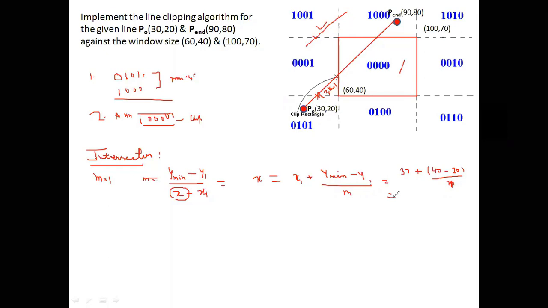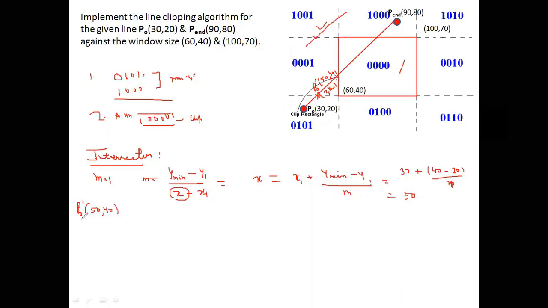So we have got the value of x as 50. 40 minus 20 is 20, and 30 plus 20 is 50. That is the value of x for p naught dash. The value of x is 50, and the value of y is y min, which is 40. So we have got the p naught dash point as (50, 40).